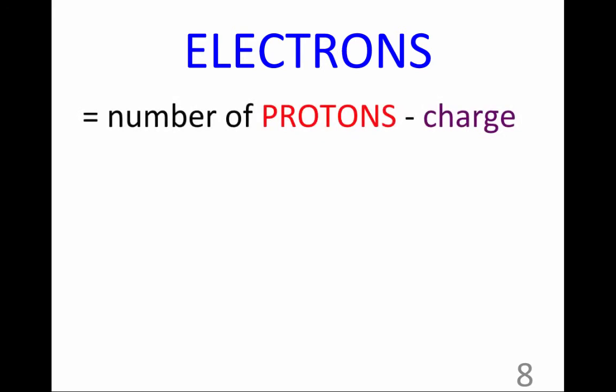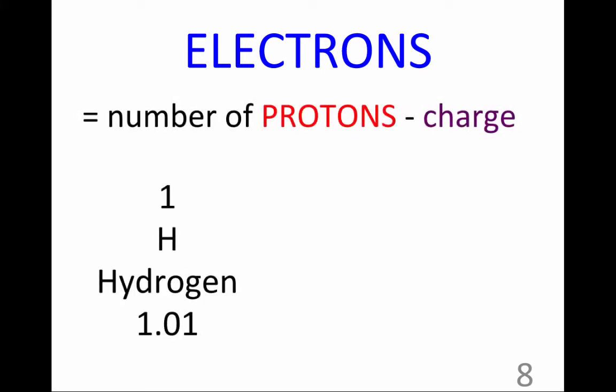Finally, the number of electrons. Electrons are the number of protons minus the charge. So in periodic table notation, there is no charge. So it's just the number of protons, which is the top number. So that top number is the number of electrons also.